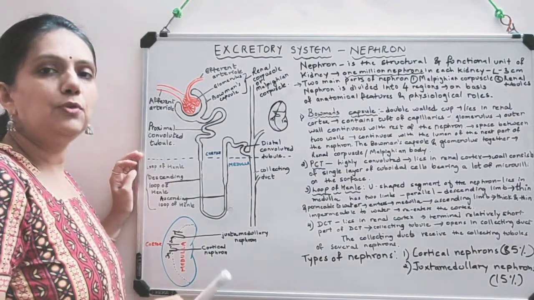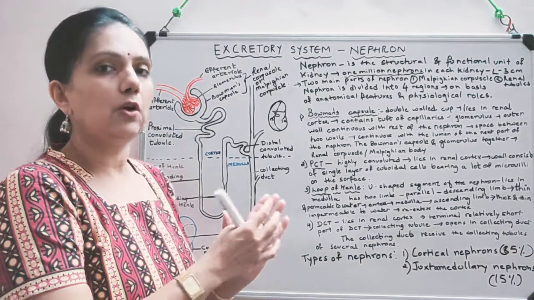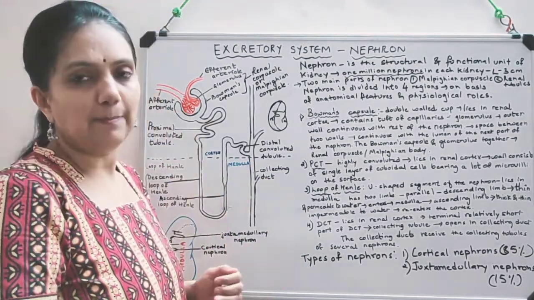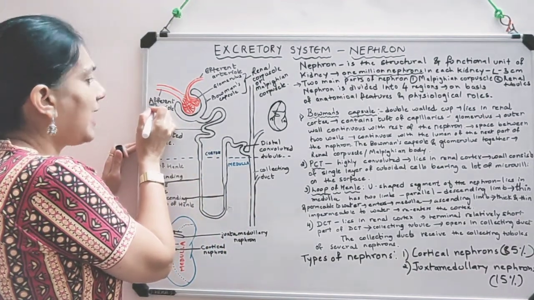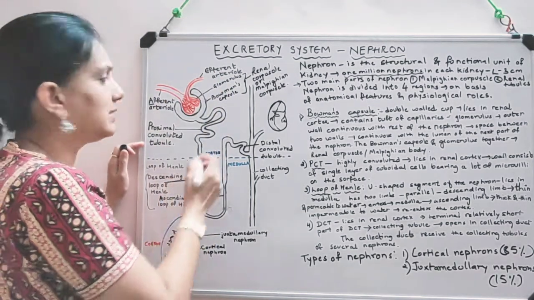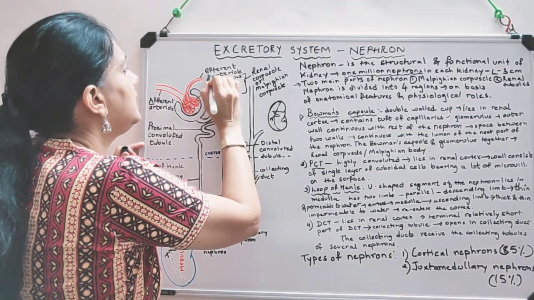Here I'll give you a hint. Afferent means the arteriole that is arriving inside the Bowman's capsule. So A, arriving arteriole, is afferent, and the one that is leaving the Bowman's capsule is exiting, so that is efferent.